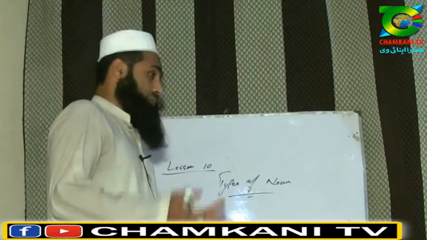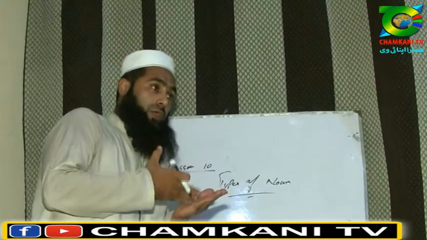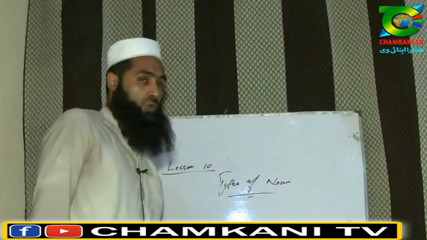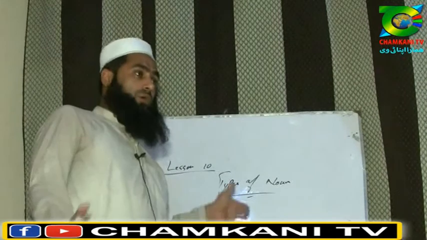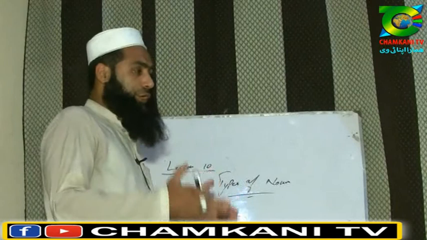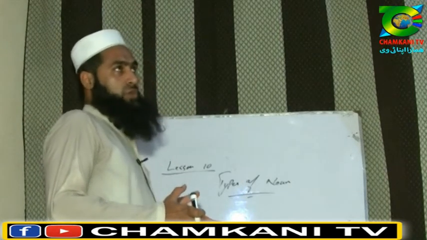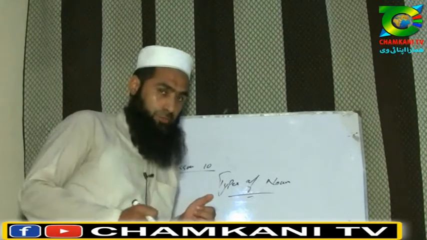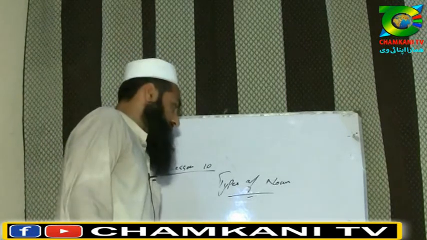Same like Longman and Michael Swan, they mention about 7 to 9 types of noun. But on our side, in India and Pakistan, the very famous book is High School English Grammar and Composition, written by Wren and Martin.